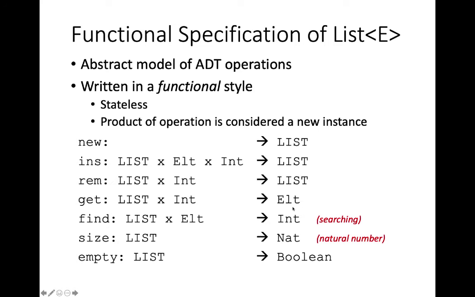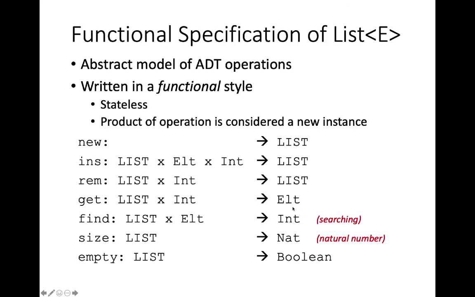So a functional specification of an abstract data type basically defines what functions operate on that data type, and essentially they are almost like a method signature, right? We generally use this functional notation that we borrow from discrete math or set theory, and we basically say, okay, the new operation, right?